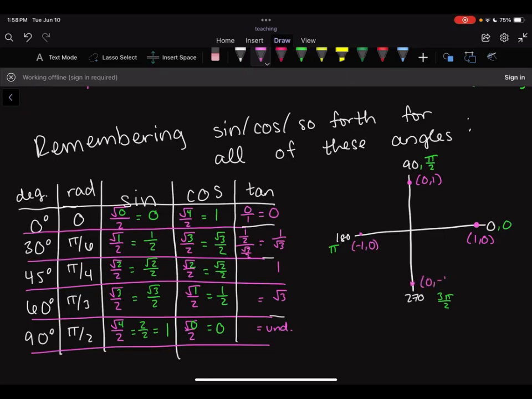And remember, it's cosine of an angle, comma, sine of an angle. So if you're looking for cosine, you're going to look at the x value. If you're looking for sine, you're going to look at the y value. So these two things are what I'm going to reference all the time throughout this course whenever we're dealing with different angles and stuff like that.